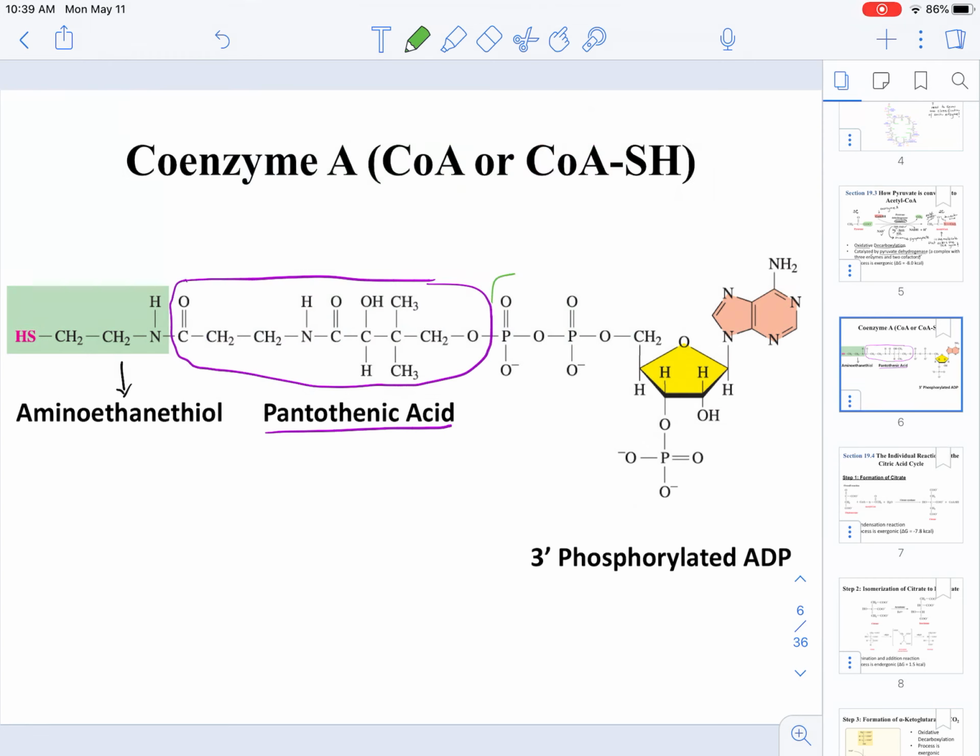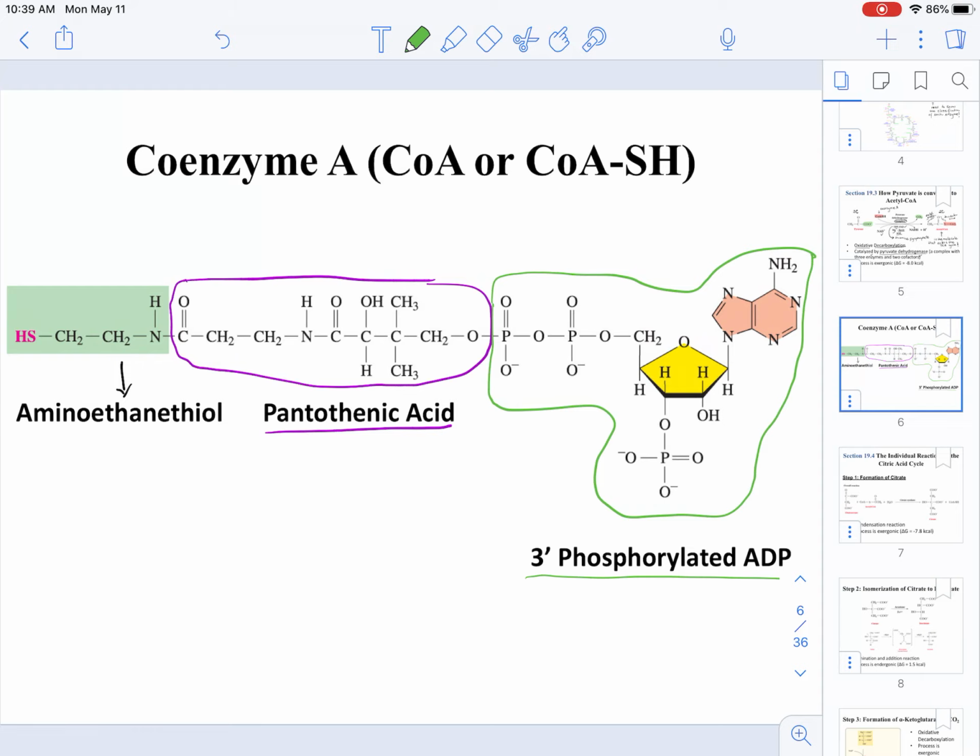And then lastly, it has a 3' phosphorylated ADP. That's why coenzyme A is known to be a nucleotide, because of the last portion of this molecule. And again, this is the molecule that gets incorporated into the acetyl group that came from pyruvate. And the molecule of acetyl-CoA is what enters the TCA cycle.